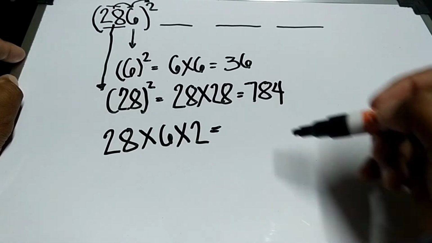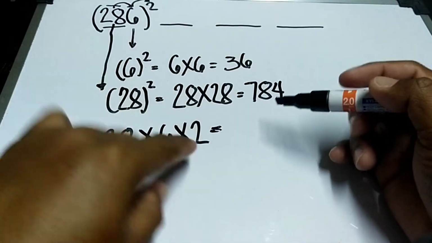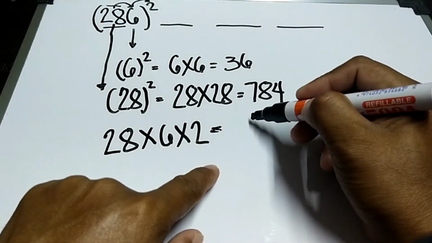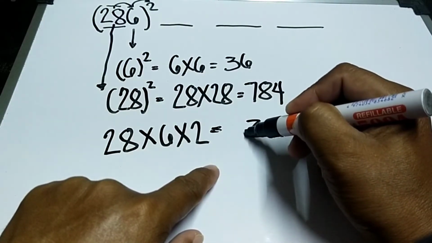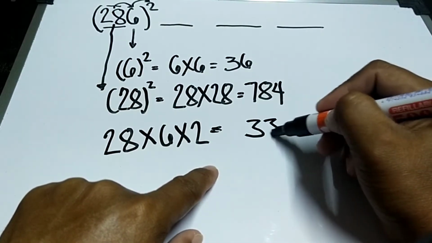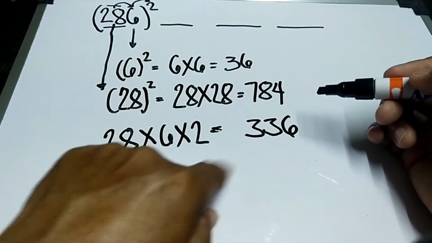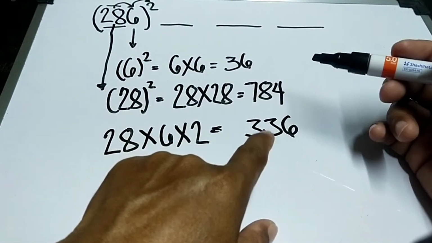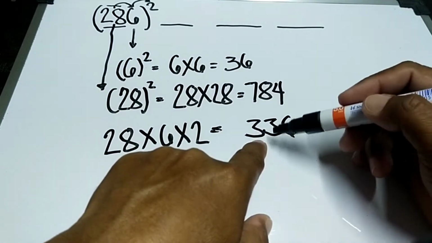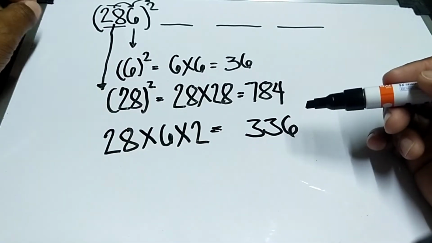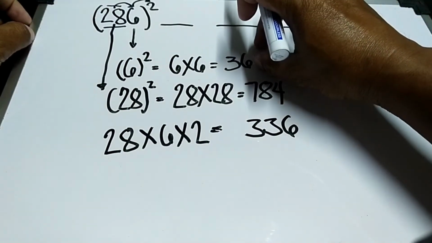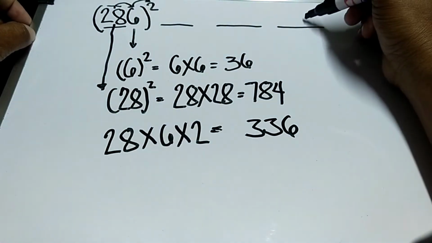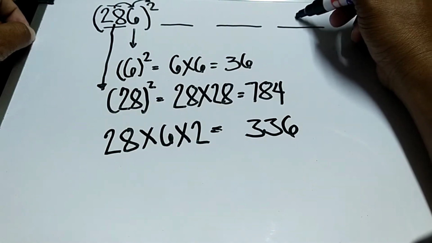So, do you have the answer, guys? Is equals to 336. Okay, very good. Do you get the same answer? So this is 336. Therefore guys, I rewrite this 36 at the ones place value.